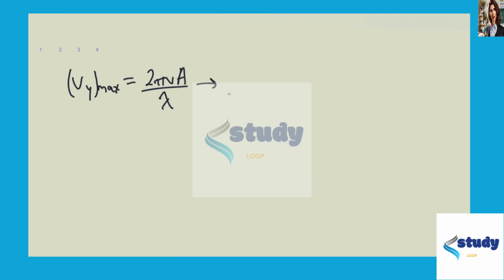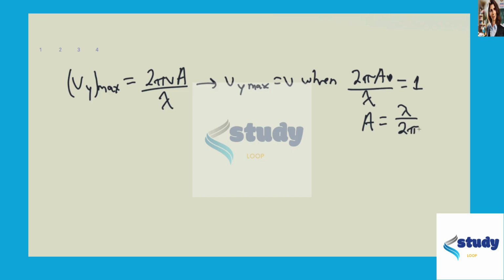And so vy max will equal v when 2 pi a over lambda equals 1, which means that a must equal lambda over 2 pi.